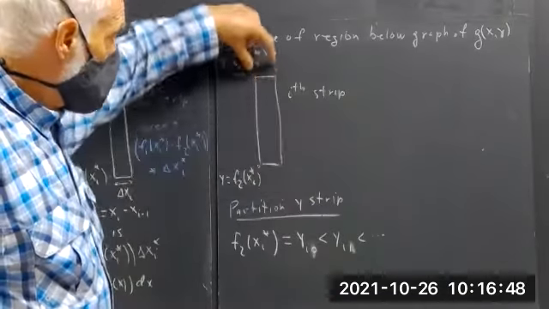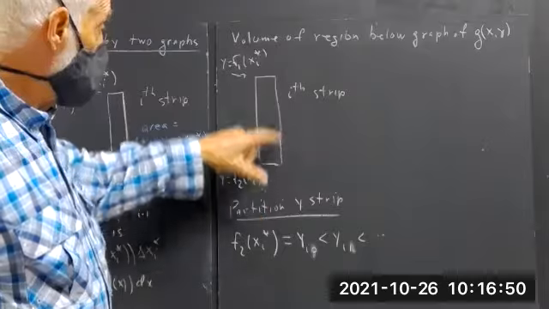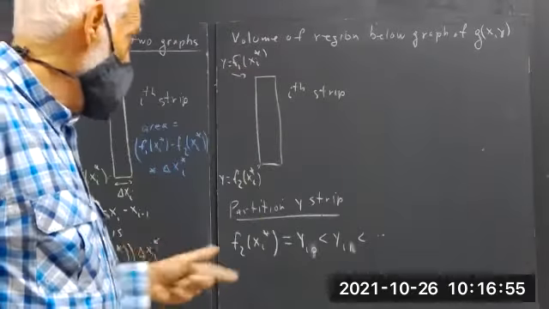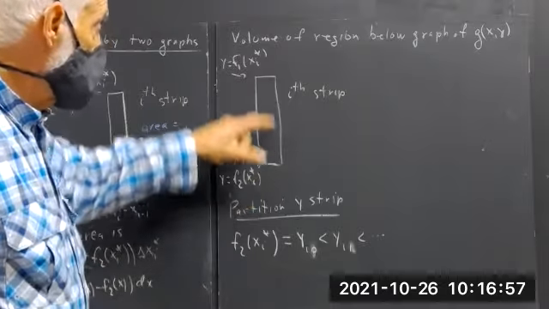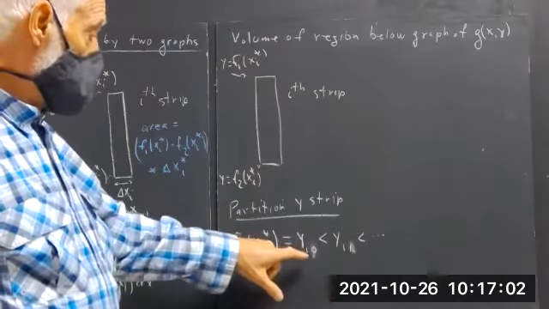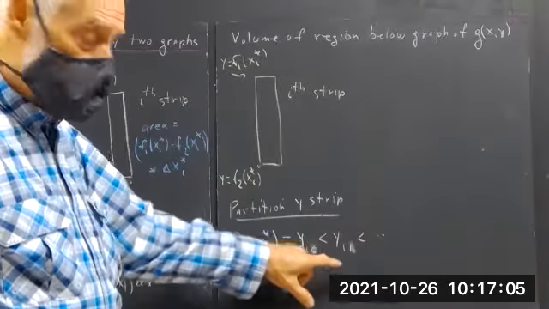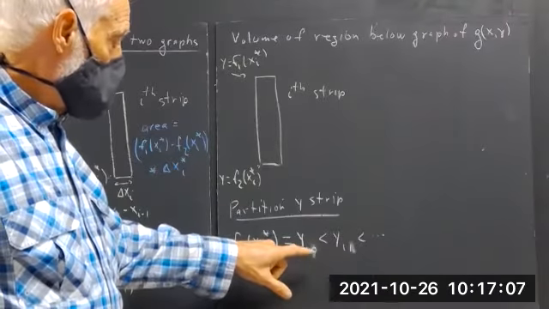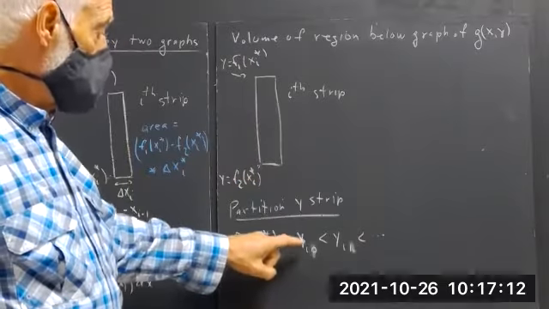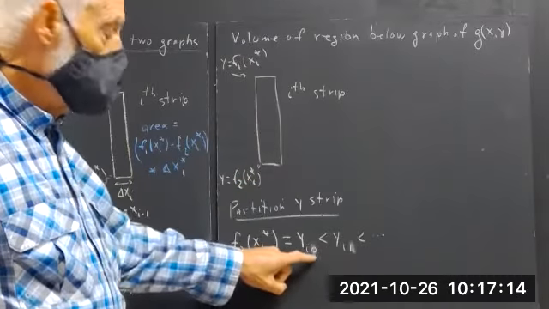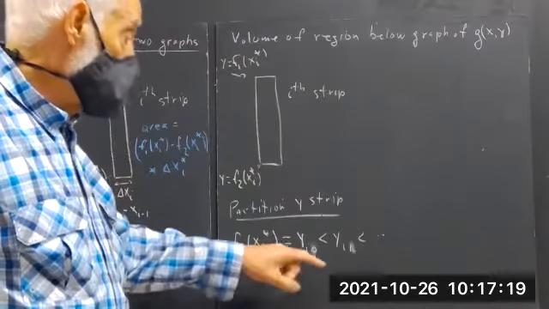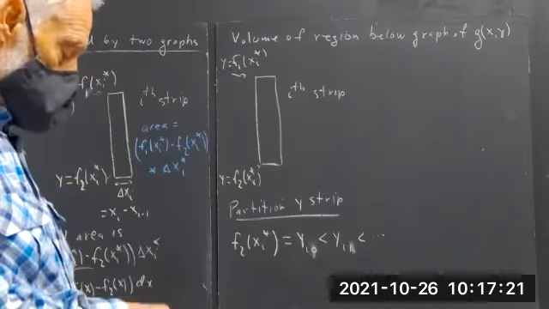Now each strip we want to partition into y intervals. Each strip has bounds on the y coordinate. So when we index this partition, we're indexing the ith strip, so we're going to use i in the partition. So we're going to use two numbers down here to indicate which region we have in the partition.